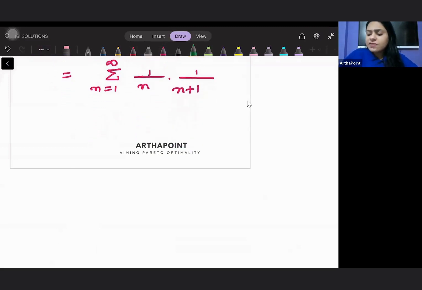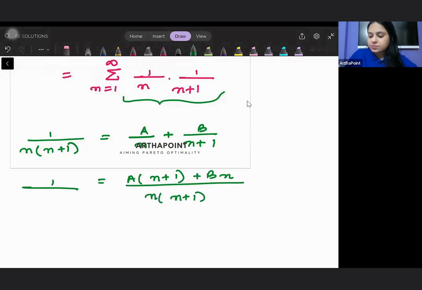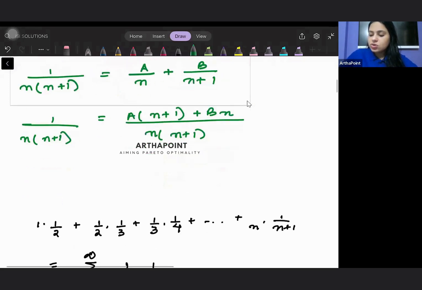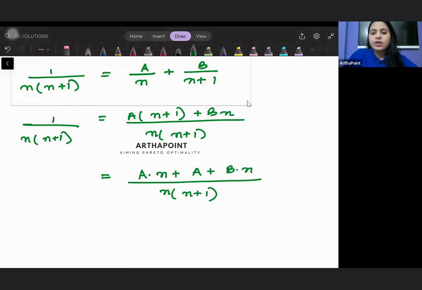Okay. Now, whenever you see this kind of series, there is a trick to solve it. We say 1 upon n into n plus 1 is equal to a upon n plus b upon n plus 1. So this will be a into n plus 1 plus b into n upon n into n plus 1, which is a into n plus a plus b into n upon n into n plus 1.